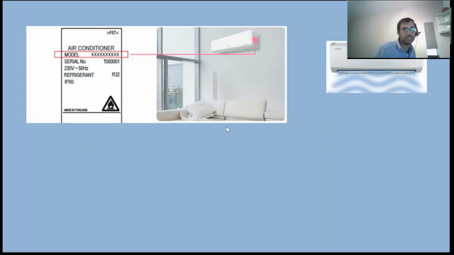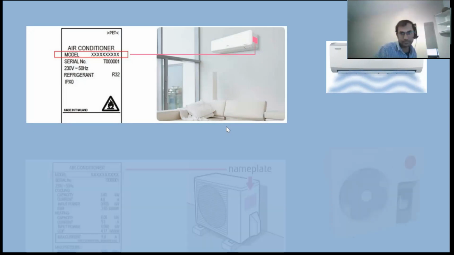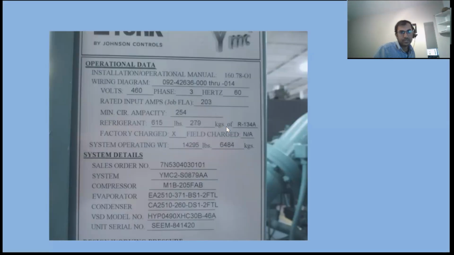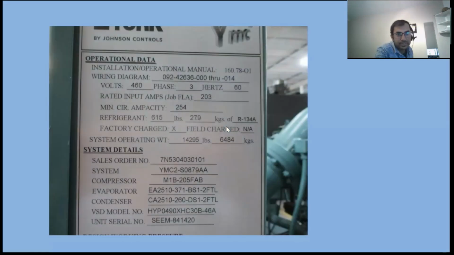The indoor unit has its nameplate here, and it depends on the manufacturer, but typically I have written it here. The outdoor unit also has a nameplate. You see minimum capacity, that is 2.54 ton. So we should know what TR means.